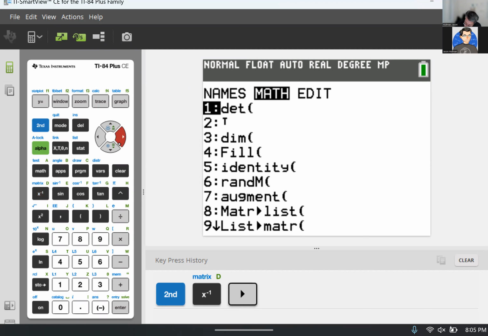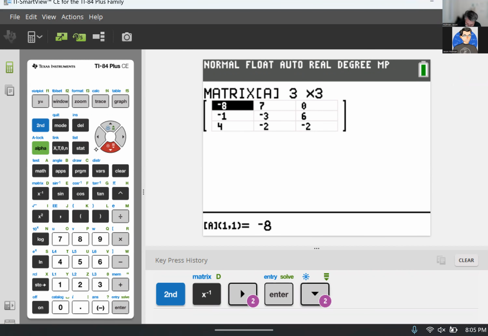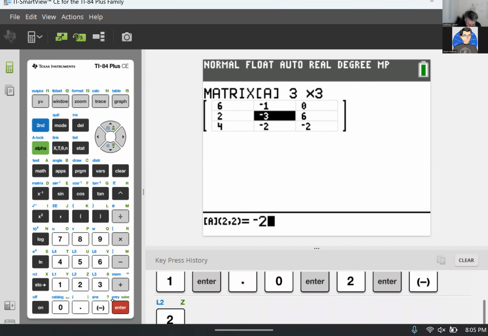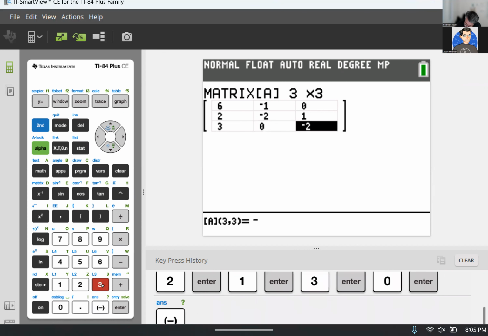I'm going to edit my matrix A. Arrow over to edit and then go to matrix A. And now I want 6, negative 1, 0, 2, negative 2, and 1, and 3, 0, and negative 3. Okay, so we have that in there.